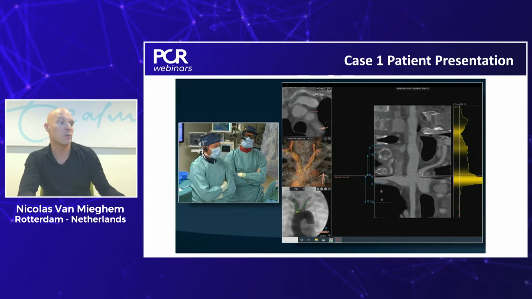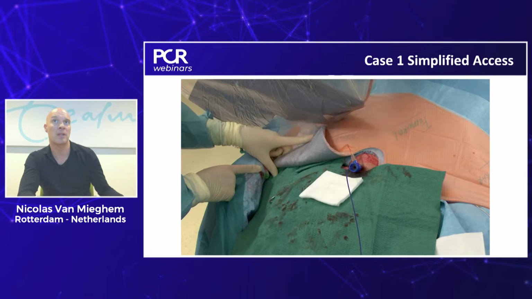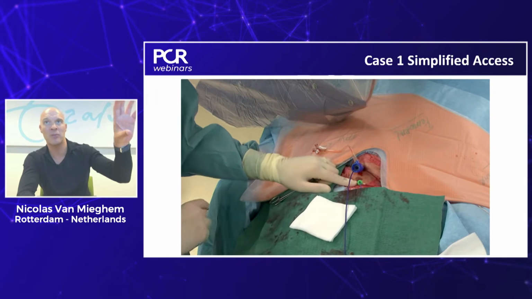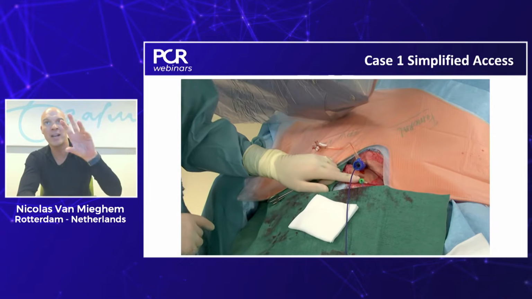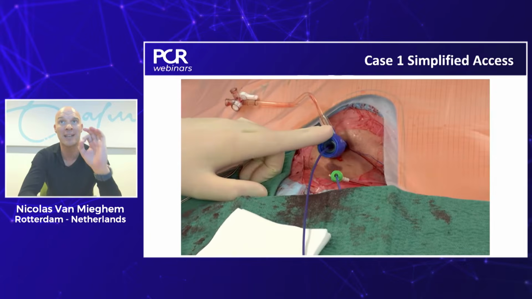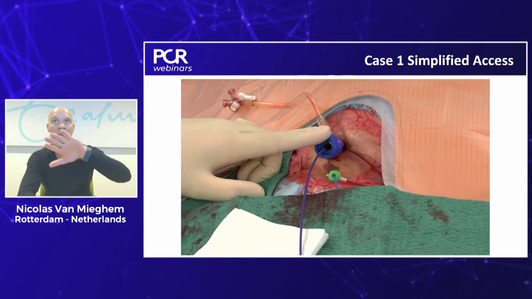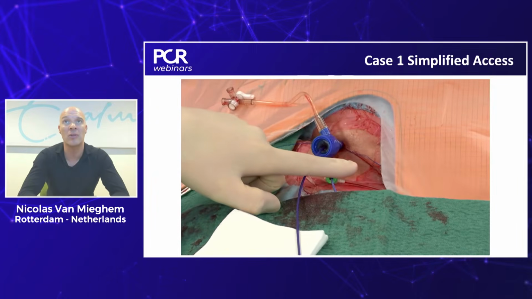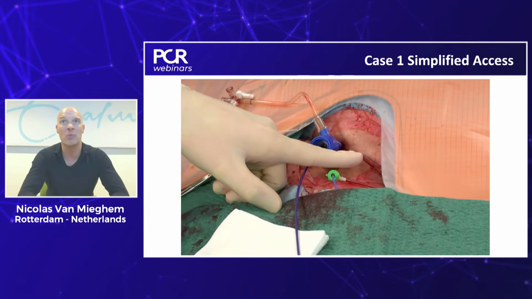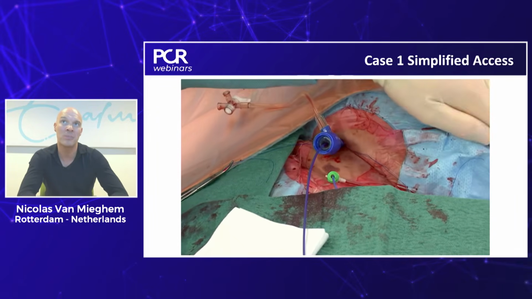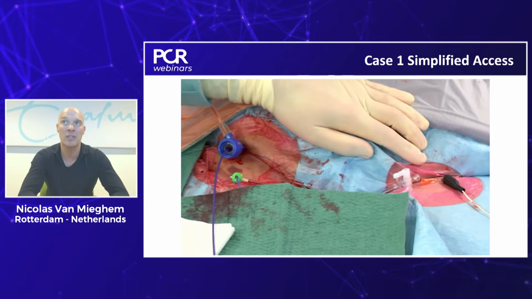So as we've shown the pre-procedural planning by CT, this is our access. And what you see is we have a right radial access, and then we have a right femoral access with a common femoral and a superficial femoral artery access. So we use one femoral side. We don't want to use the two femoral sides, so only a right femoral access with a 6 French sheath in the superficial artery that will accommodate the pigtail, and a 14 French sheath in the common femoral.